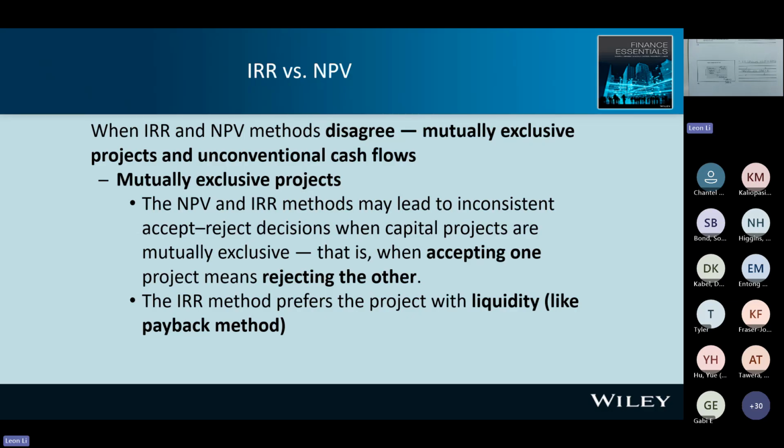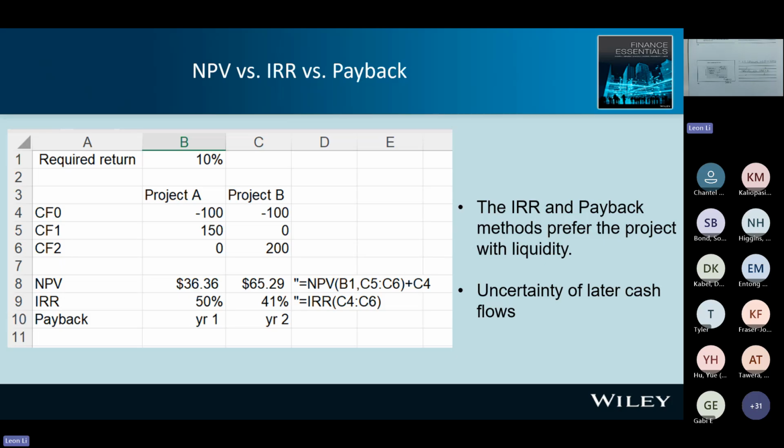That means we receive the money early. And this is good, right? We want to receive money as early as possible. So IRR and the payback will prefer the project with liquidity. All right, so let me use this Excel sheet to show you the detail, and then we compare the three methods.